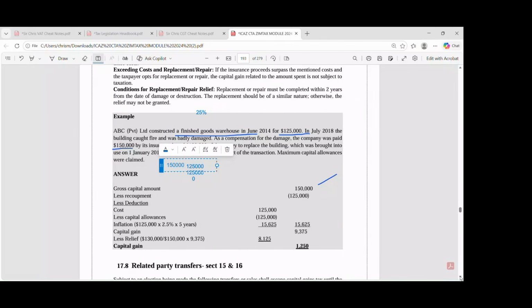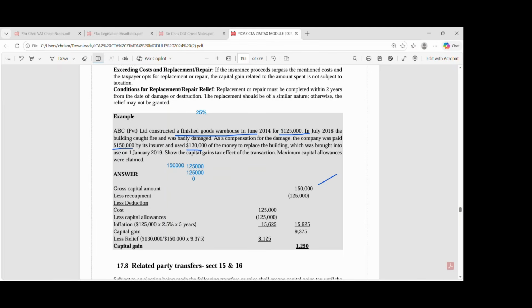CGT. Then inflation allowance. For inflation allowance, team, unlike here, we claim inflation allowance for each year, whether the year of disposal or not the year of disposal. So the way I count the inflation allowance, it's 14, 15, 16, 17, 18. That's where they are getting the 5 years.